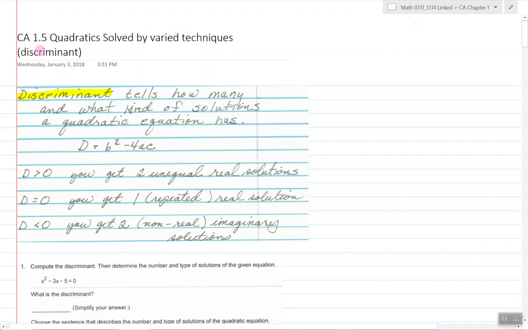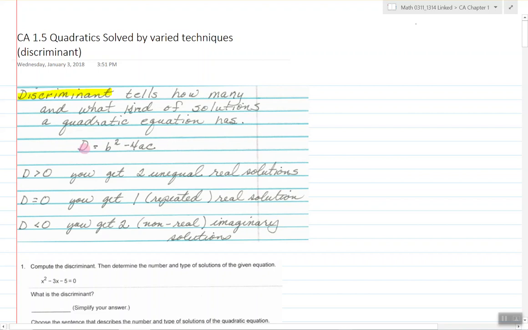Sometimes it has a negative connotation, but really the word discriminant is a math term. A discriminant is a number that can be calculated from A, B, and C in a general quadratic equation, and it tells us how many and what kind of solutions a quadratic equation has.